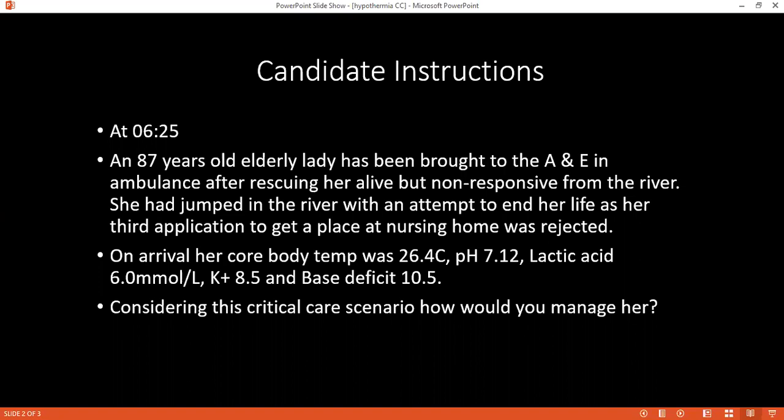Can you mention some mechanisms or factors which lie behind hypothermia? There are some ways a patient may lose heat, such as conduction, convection, radiation, and evaporation, and the patient mainly loses heat through radiation. And what are the factors which contribute to hypothermia?